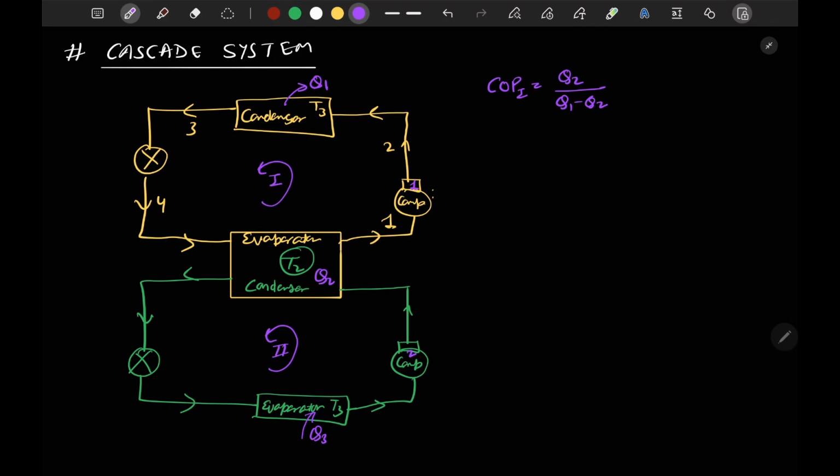I hope you understood this point. Now COP for 2 we can write as Q3 upon Q2 minus Q3, that is refrigeration effect upon your work input. This can also be written as Q2 upon W1, and this as Q3 upon W2.